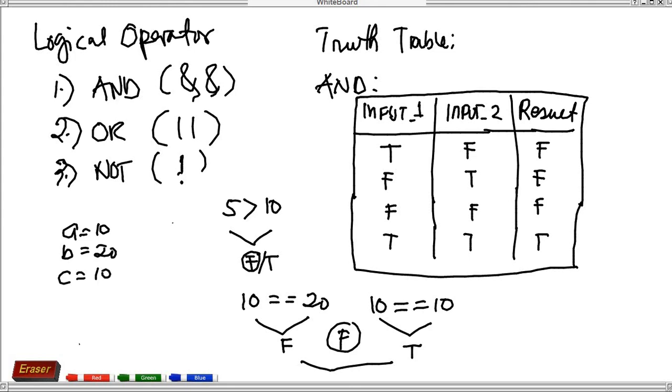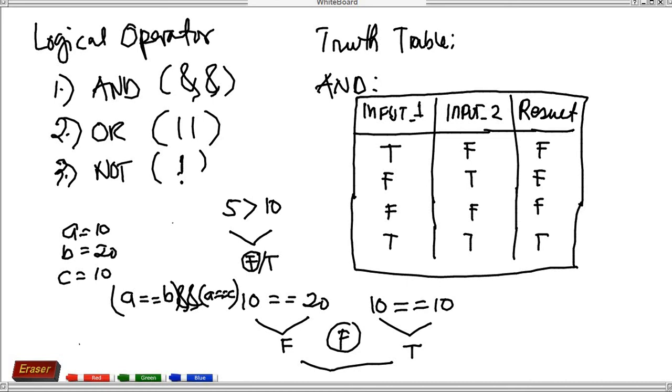In this case, what will happen? You have A is equal to B, and you have A is equal to C.